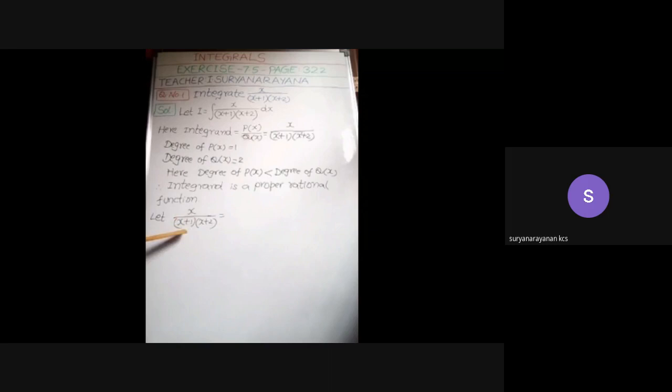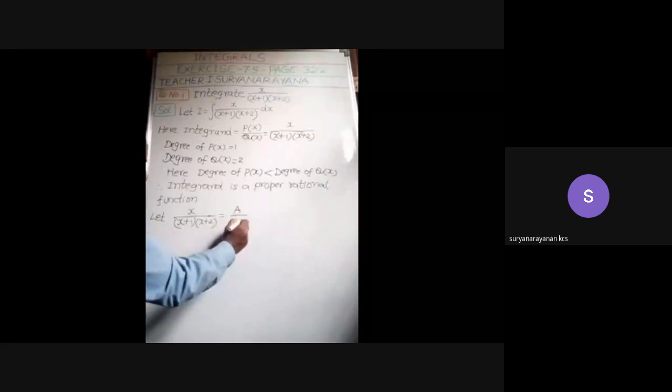Corresponding to every non-repeated linear factor, we write a partial fraction like this: A by x plus 1. Let us take this first non-repeated linear factor. Corresponding to this non-repeated linear factor, we write a partial fraction: capital A by x plus 1.